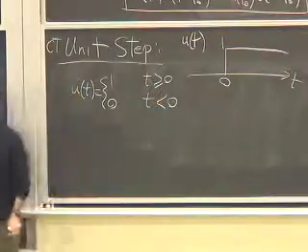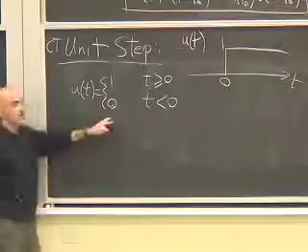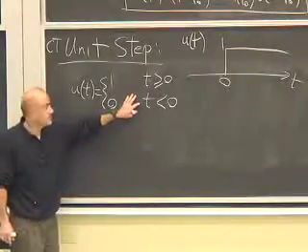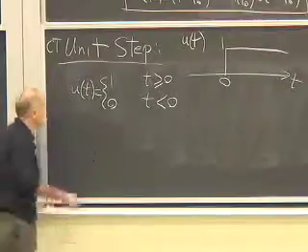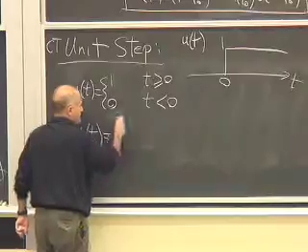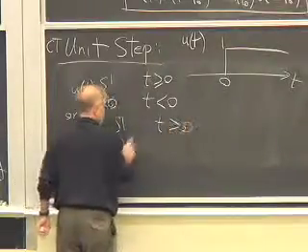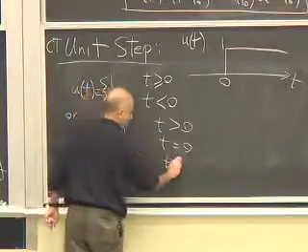For all intents and purposes, when we apply a function like this to a system, it doesn't matter what its exact value is at 0. Sometimes it may be more useful to define it this way: 1/2 at t equals 0, 0 for t less than 0.